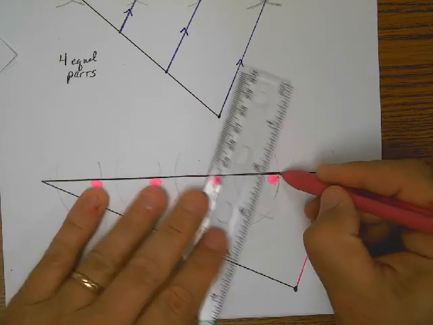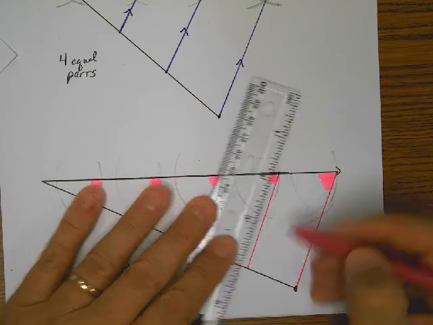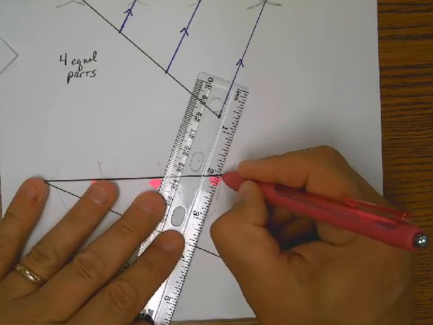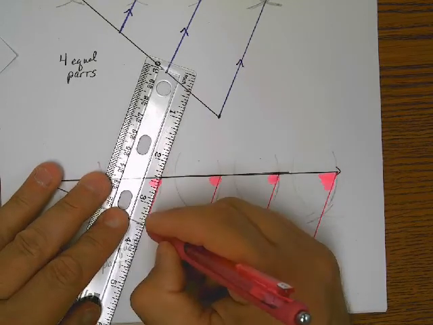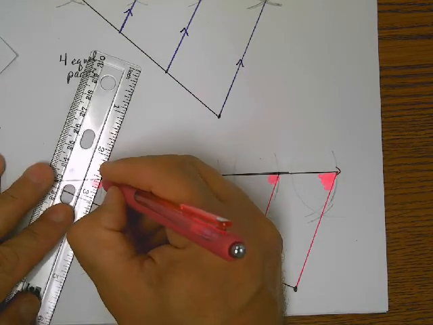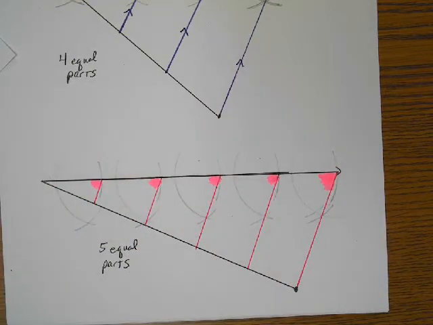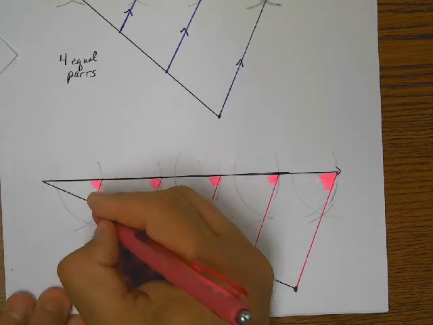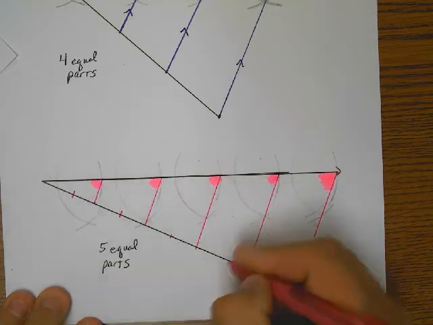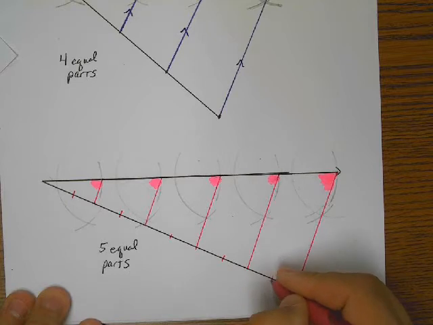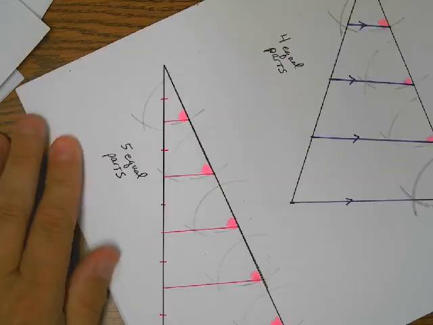I'm going from this point to that point of intersection. 1, 2, 3, 4. 5 equal parts, which means this part and this part and this part and that part, they're all the same. They should look alike. The lines should look parallel.